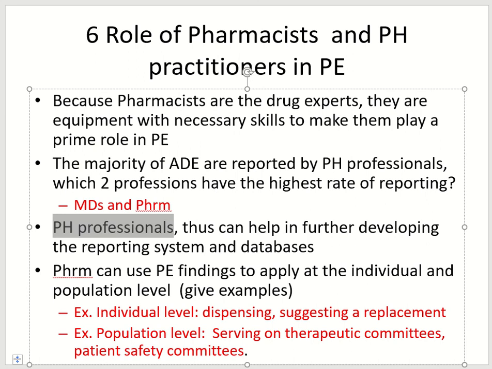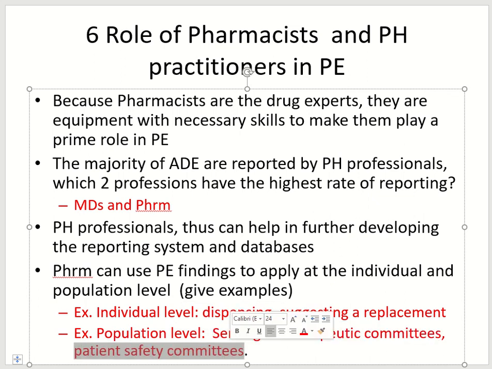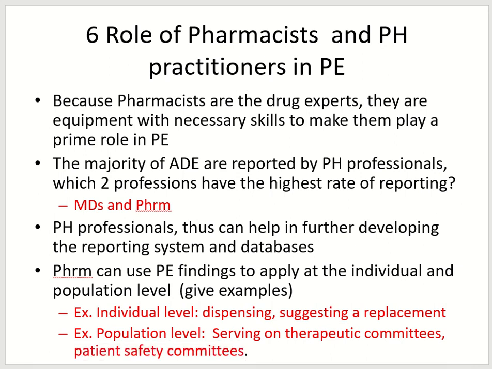Pharmacists can use the pharmacoepidemiological findings at the individual and population level. So at the individual level, with their dispensing, when suggesting a replacement, they could use the results from pharmacoepidemiology studies. At the population level, while serving on therapeutic committees or patient safety committees, they will be able to use knowledge of their pharmacoepidemiological training.